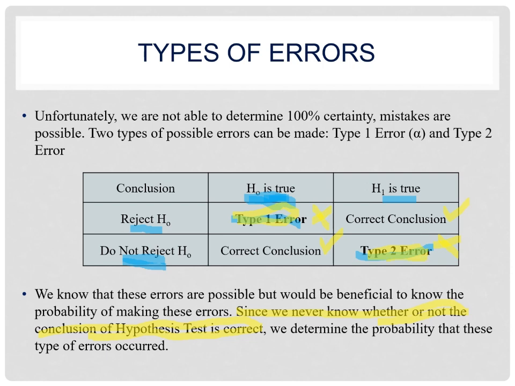If you increase the chances of one error, you decrease the other. So it's a balancing act. Sometimes statisticians will look at the consequences of each error and decide whether they might be able to lower the risk in one area at the expense of increasing it in another.